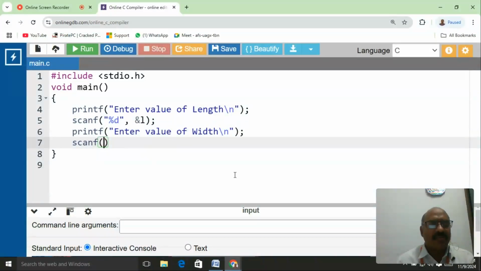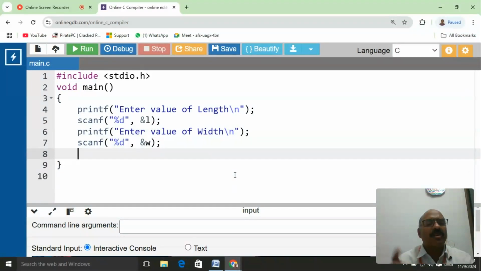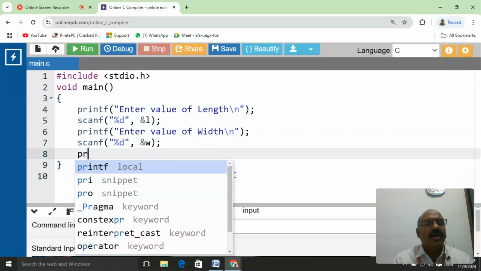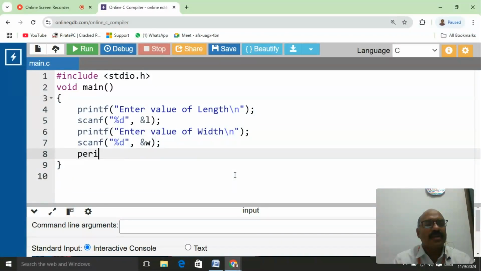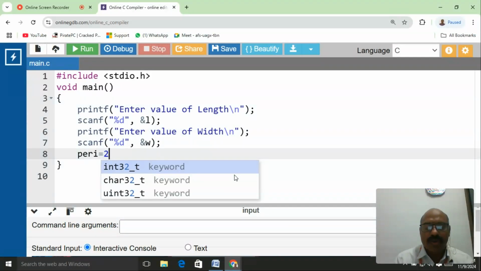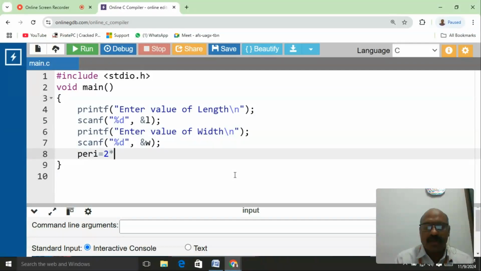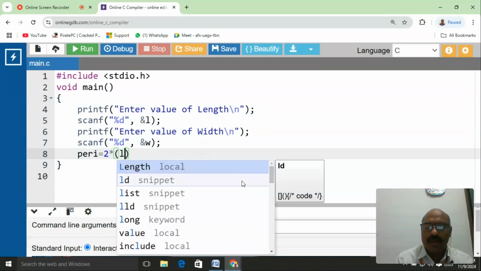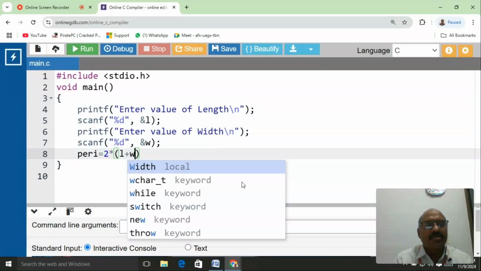So the scanf, again I am going to consider an integer value, percentage d, comma, ampersand with value w. Now the input is over. Now we are going to do the processing. Now I am going to consider peri, that means perimeter, equal to 2 into, star, L plus W width.